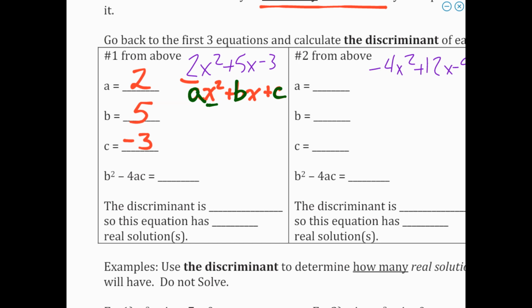So now I'm going to use my formula here that I gave you, my discriminant, and I'm going to substitute those in for it. So I've got 5 squared minus 4 times 2 times negative 3.